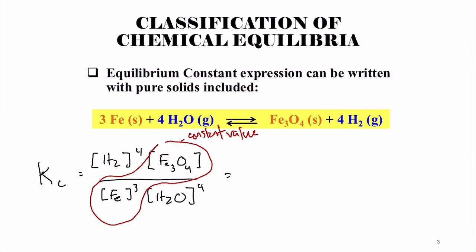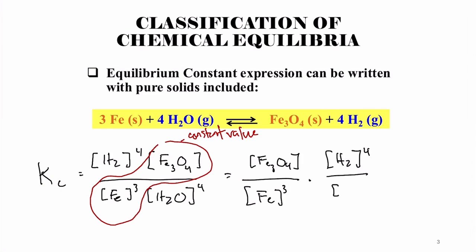And so we can then rewrite this as Fe3O4 over Fe3 times H2 4 over H2O 4. And since that's a constant value, we just absorb it into the equilibrium constant.